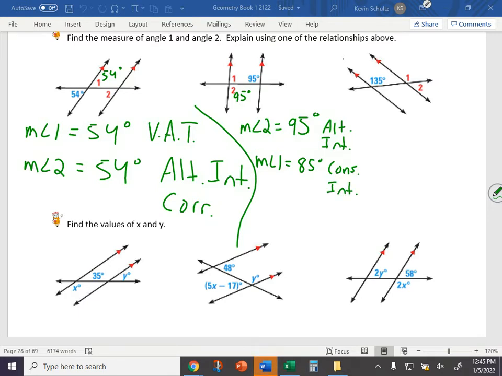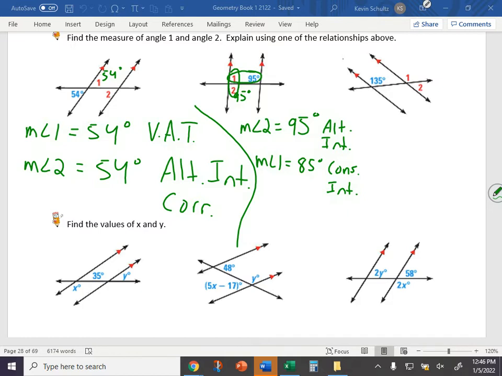What's another way we could prove that angle 1 is 85 degrees? The first way was looking at the relationship between these 2 angles, right? We know that angle 2 is 95, so what's the relationship between angle 1 and angle 2 that we could use? Supplementary.